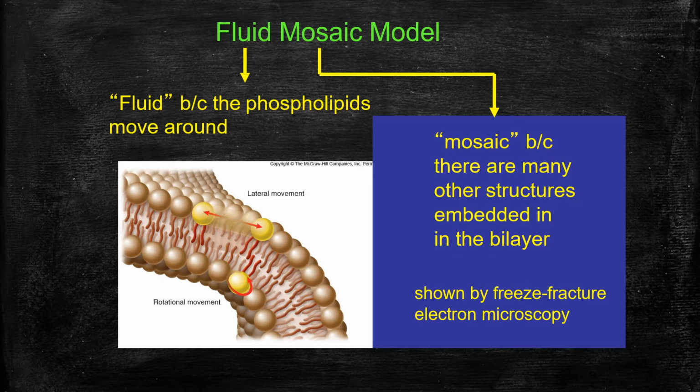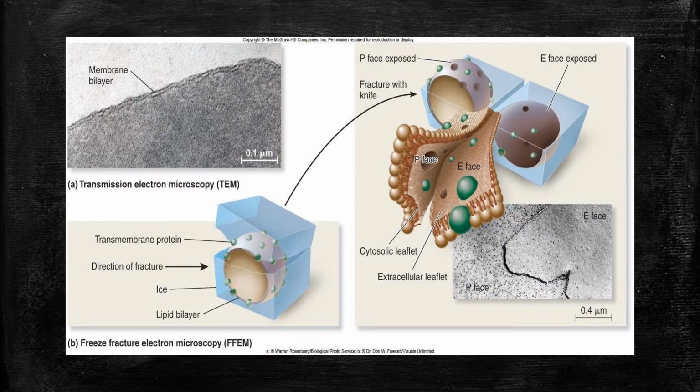The mosaic portion is because there are other structures that are embedded in the bilayer. And we see this when we do what's called freeze fracture electron microscopy. So this image up here on the top left is taken using a transmission electron microscope.